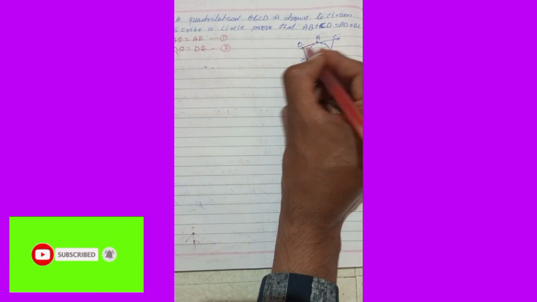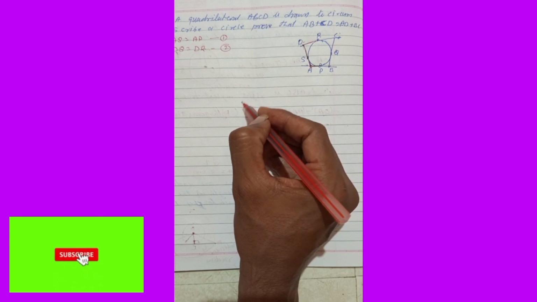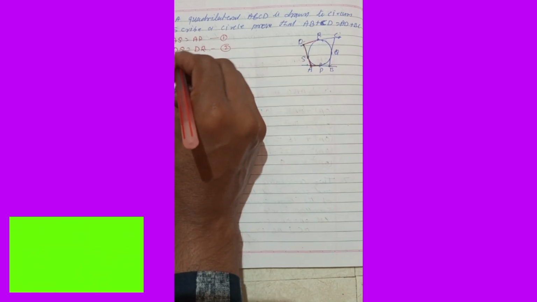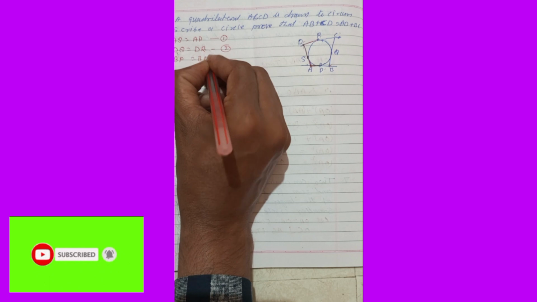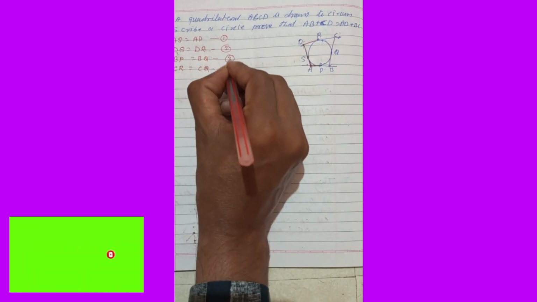Because this is the tangent here and this is the tangent here from the point D. Now from B, BP is equal to BQ. Equation number 3. Now from here, CR is equal to CQ. Equation number 4.